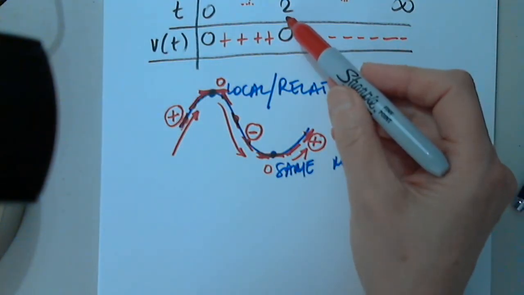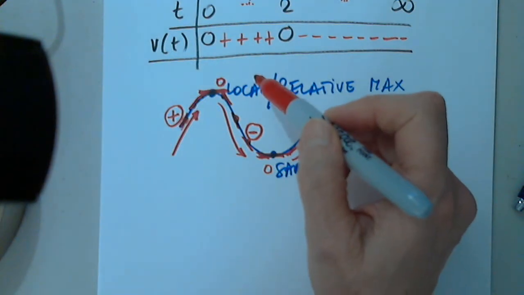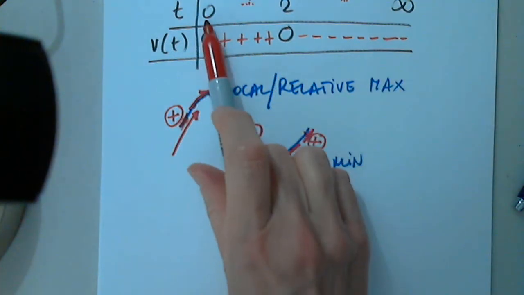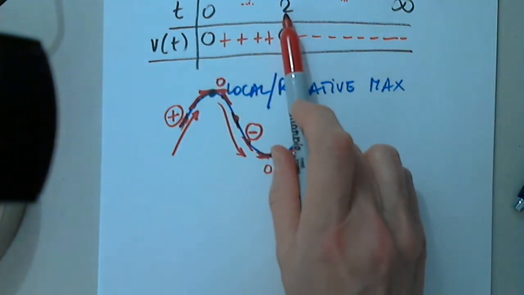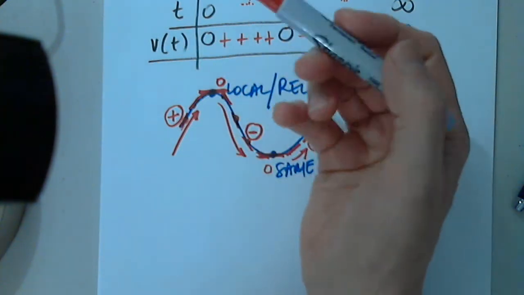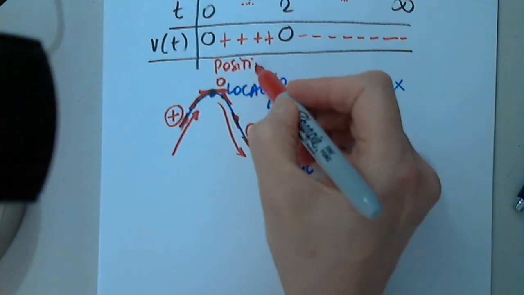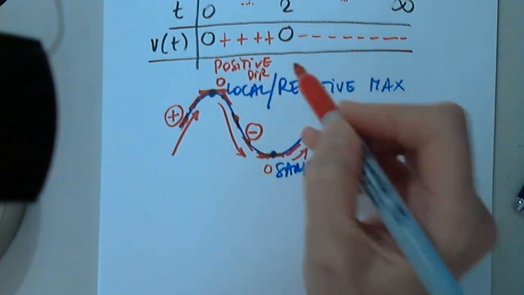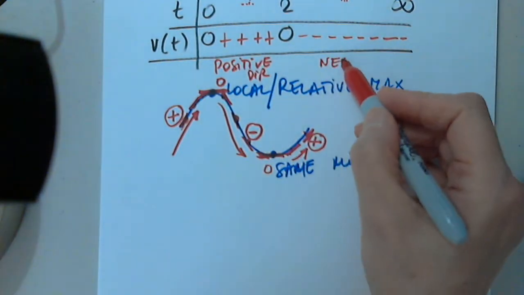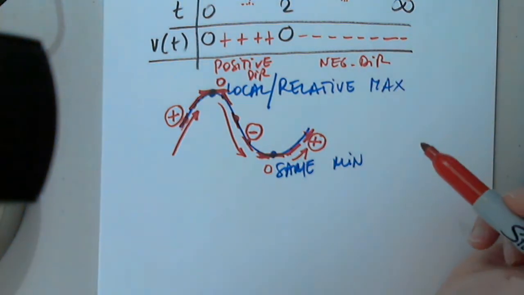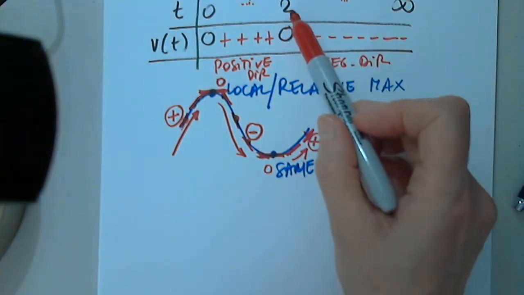seconds, which tells us that between second 0 and second 2, the particle is moving in the positive direction, and here in the negative direction, between 2 and infinity.